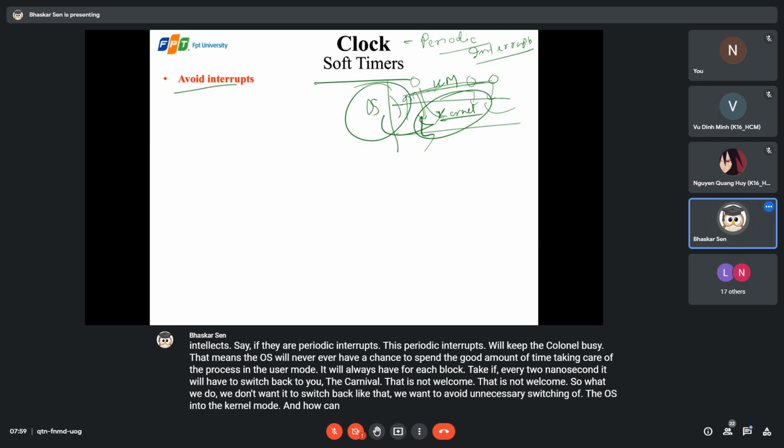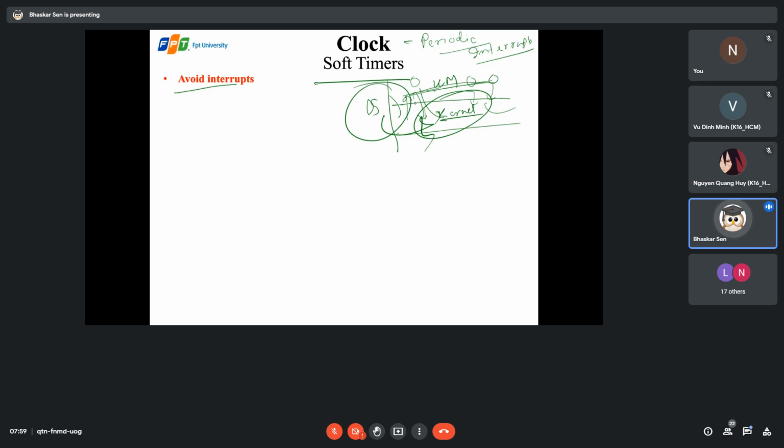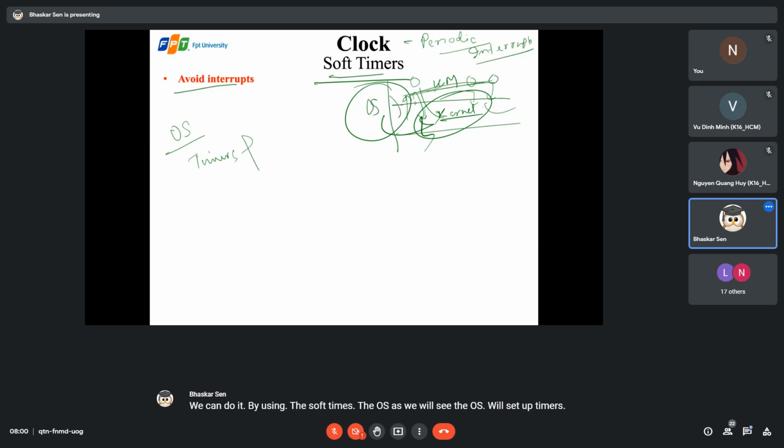And how can we do that? We can do it by using the soft timers. As we will see, the OS will set up timers for all important events and actions.